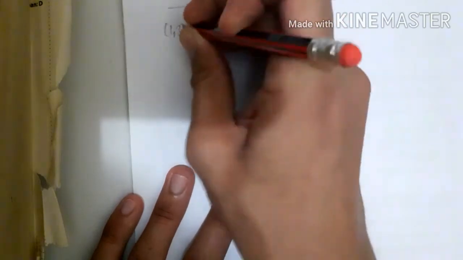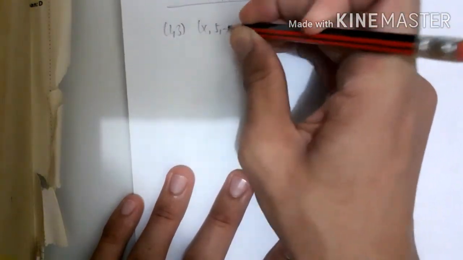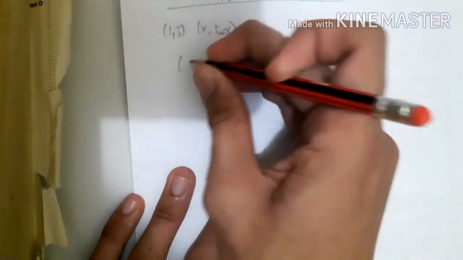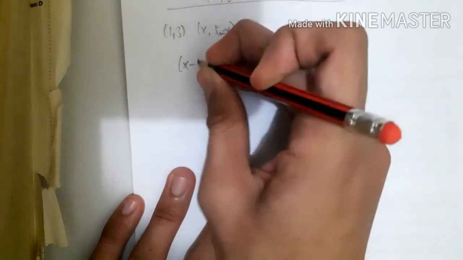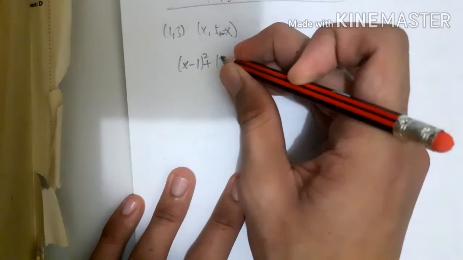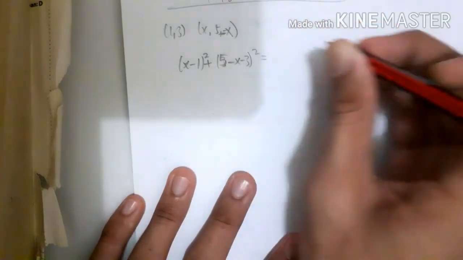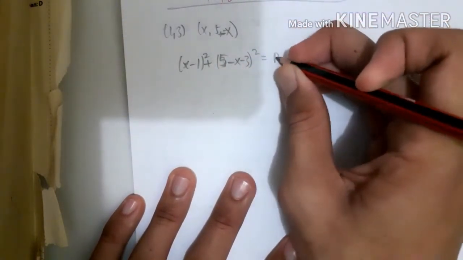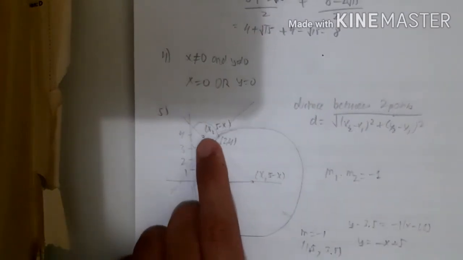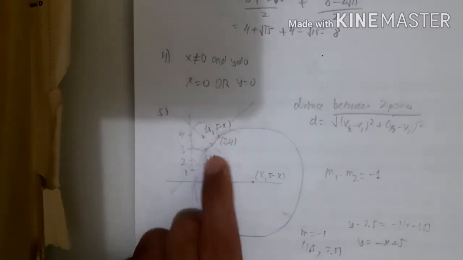So let's go to another page. You can see the points (1,3) and (x, 5 minus x). Following the formula, that will be x minus 1 squared plus 5 minus x minus 3 squared, equal to the radius squared, because the distance from the center of the circle to (1,3) is the radius.